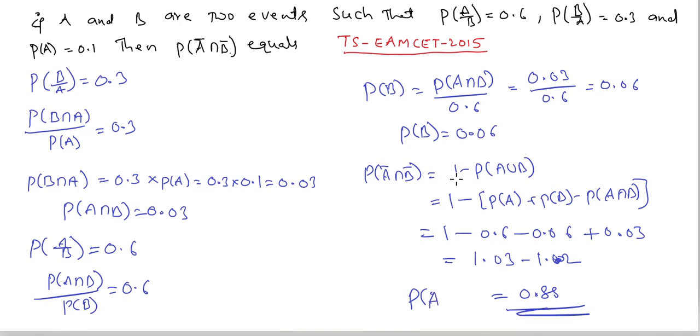So P of A bar intersection B bar is equal to 0.88, answer.